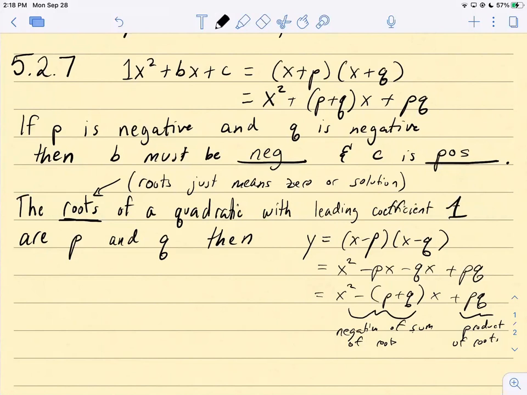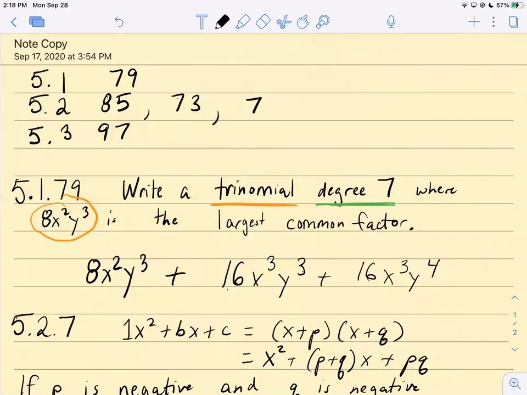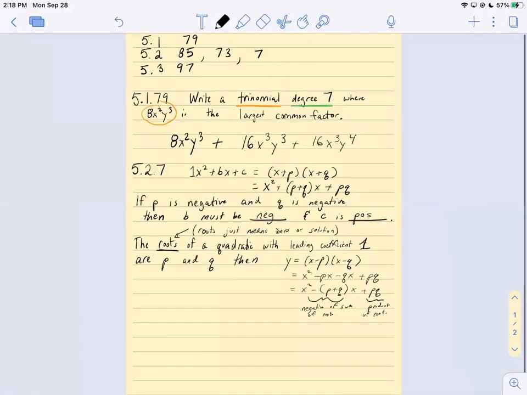All right, let's try the next problem, which is 5.273. This is nice.